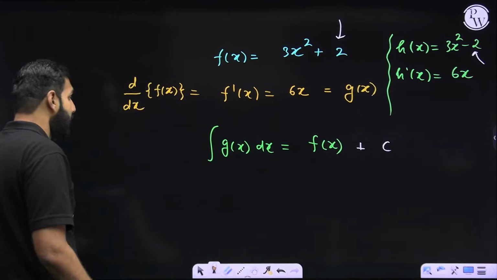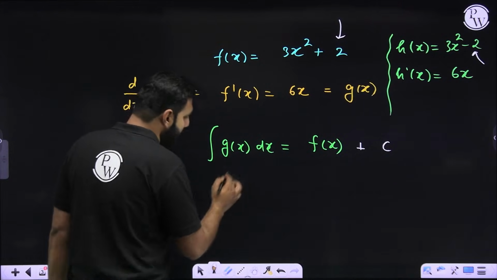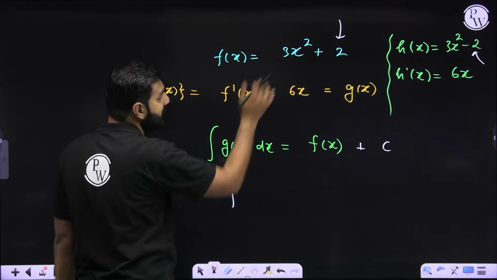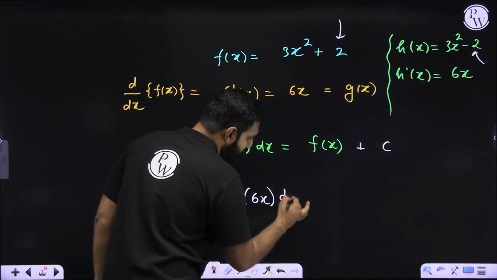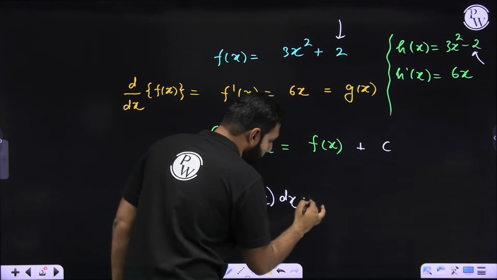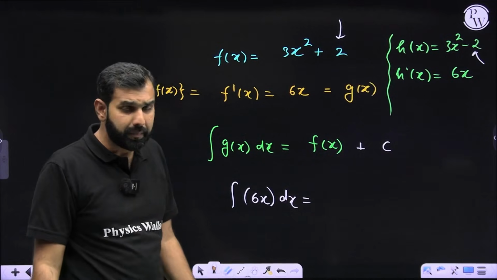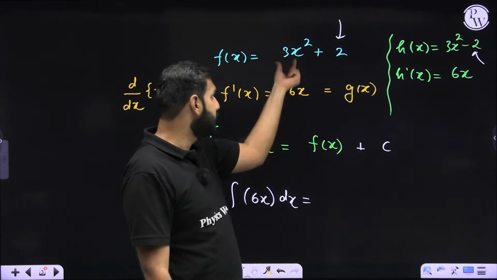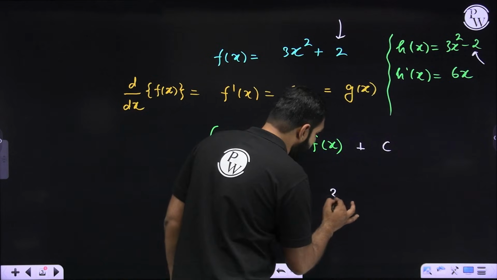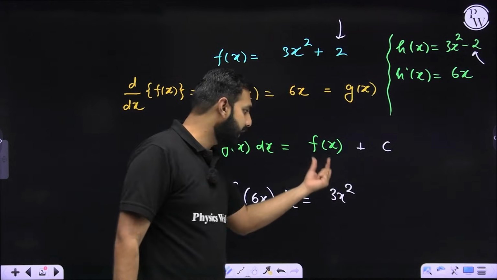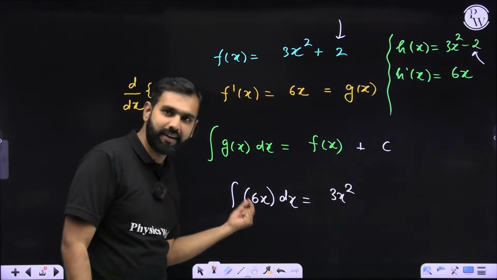I hope now it makes complete sense that if I am integrating g of x, what is g of x? That is clearly 6x. So if you integrate 6x, that will be f of x, but that f of x could be anything. Simply 3x squared is what you will get for sure. That is what you'll definitely get, because the differentiation of 3x squared is definitely 6x.